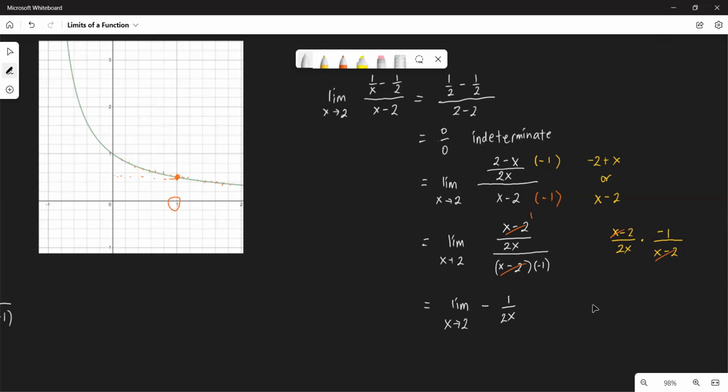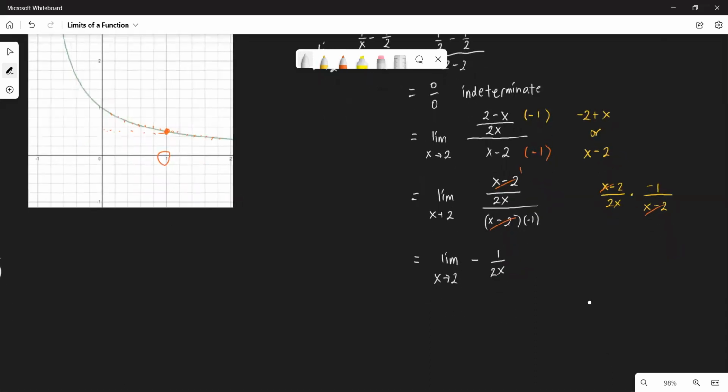Since it's a negative fraction, make sure to enclose it with parentheses. So we can now apply the properties of the limits of a function. Let's proceed to the application of the properties.